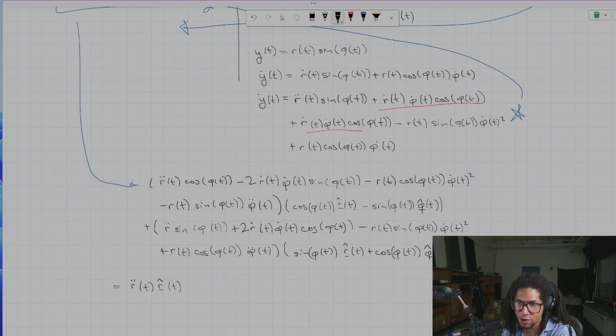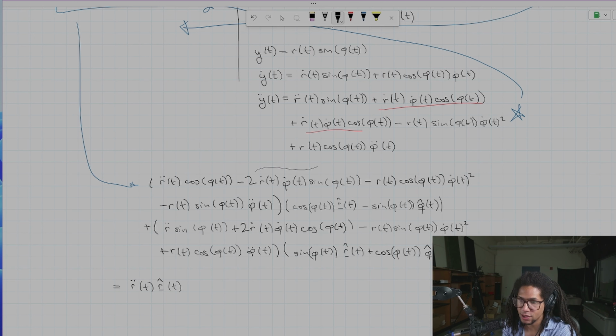Again, through the Pythagorean identity, cos squared plus sine squared is 1. Good. Now, on the phi hat part, I'll get r double dot cosine times minus sine for this first part, and then r double dot sine times plus cosine. So those actually cancel, so I don't need to worry about them.